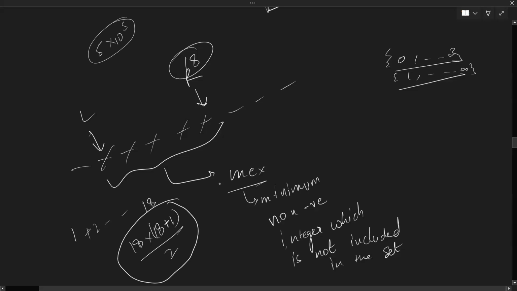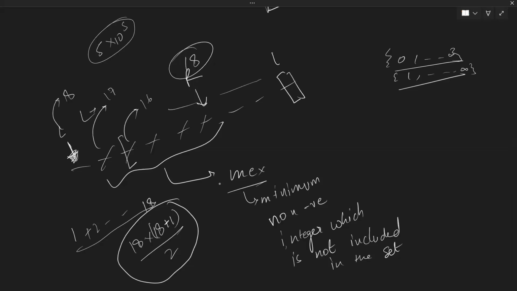How did I come up with this? If you start here, this is your starting point L, for R you have 18 options. If this is your L, your R is having 18 options. For this, your R is having 17 options. For this start point L, your R is having 16 options. So all the way till the last, your R is having just one option.